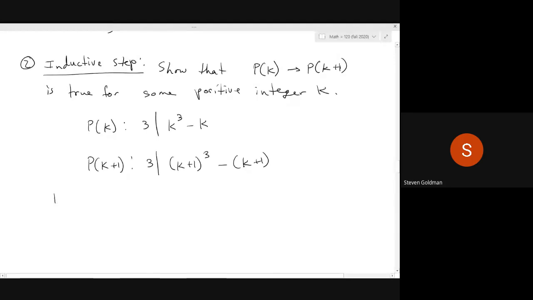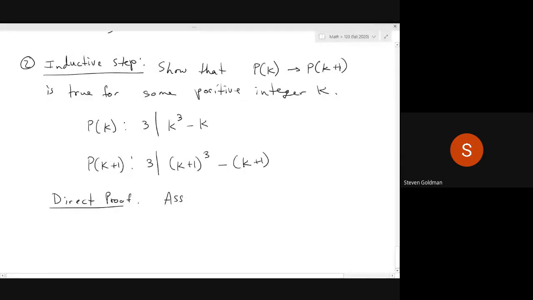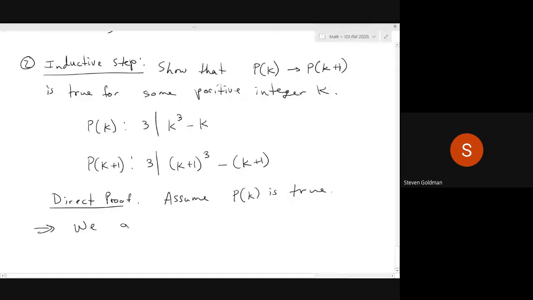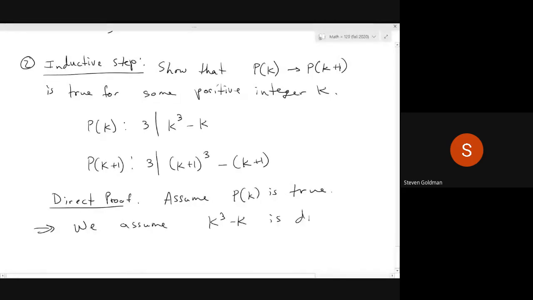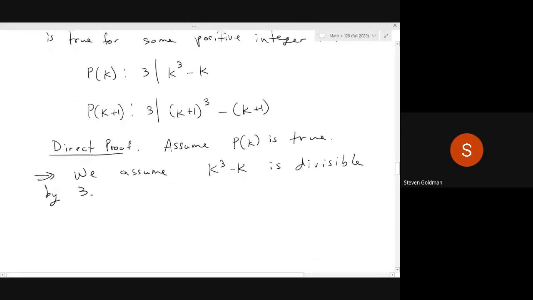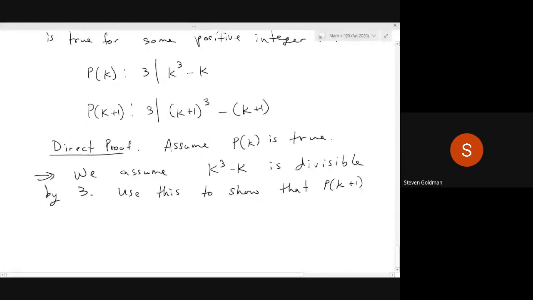So we're going to do a direct proof. I'm going to assume P of k is true. So what does that mean? That means we assume that k cubed minus k is divisible by 3. We need to show that P of k plus 1 is true, so use this to show that P of k plus 1 is true.